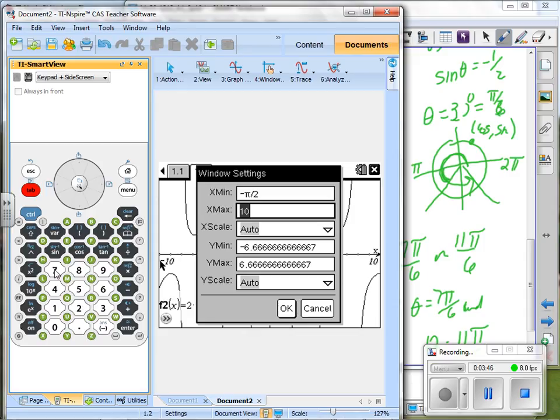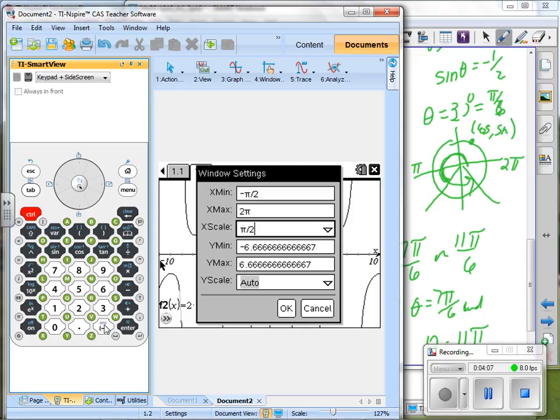7 pi, what am I thinking of? Divide by 2. I'm having a hard time today all of a sudden. We'll just do 2 pi. I don't need to think that hard, I guess. I'm going to scale it by this. I need to put in some minimum and maximum.